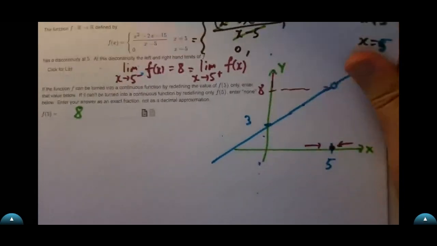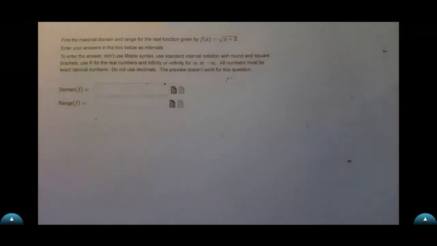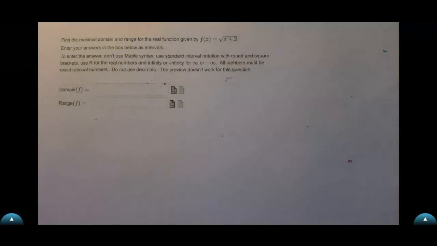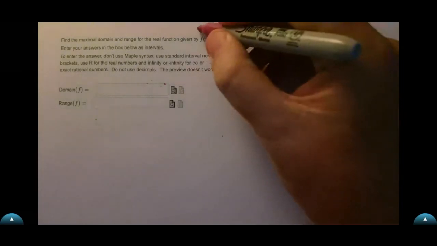All right, what's next? Okay, let me just move these around a bit. All right, domain and range. Now, we already talked a little bit with Lisa about this, but I think this is actually a pretty easy question. You've got a function here.